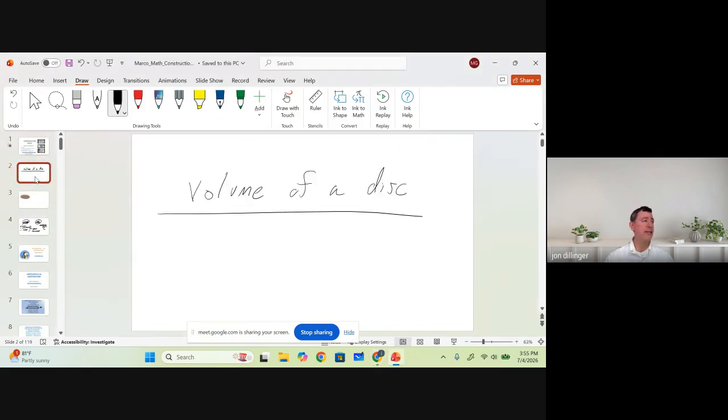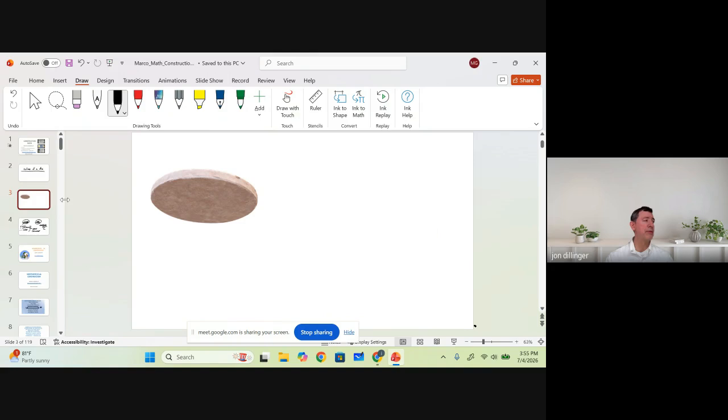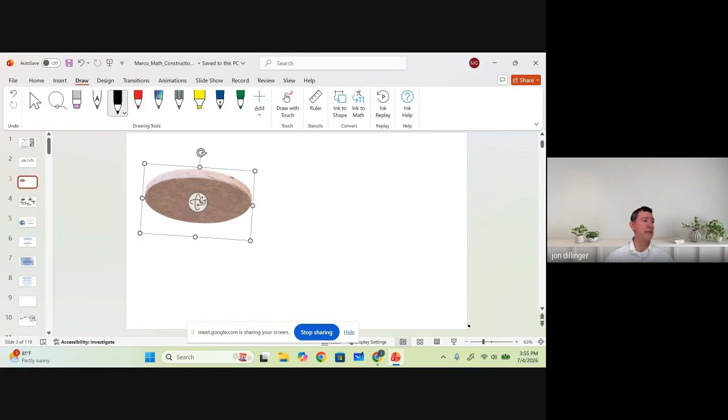Now let's go over how to get the volume of a disk. All right, so first of all, this is a disk. You can see it here floating around in space. Now, in the CSLB's exams, you will encounter problems in 2 dimensions or in 3 dimensions.